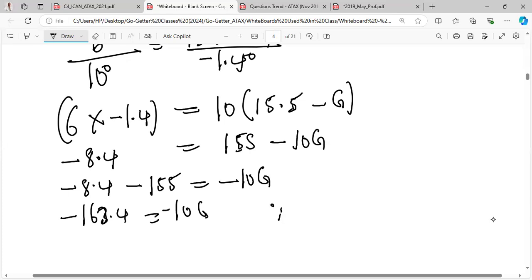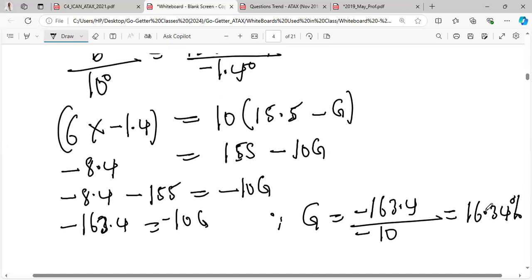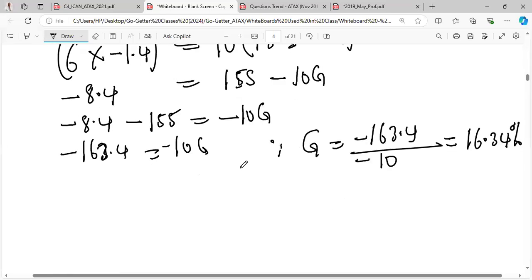Now, therefore, G is minus 163.4 divided by minus 10, which will give you 16.34%. So 16.34% is what you are going to use as your gas factor.